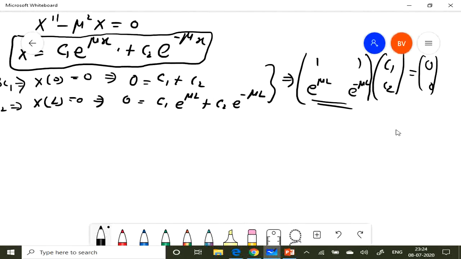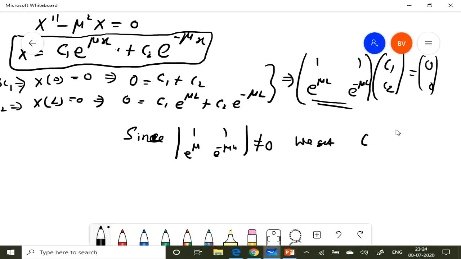Since the determinant of 1 1, e raised to mu L, e raised to minus mu L is not equal to 0, we get c1 and c2 should be 0. Therefore x is again 0.